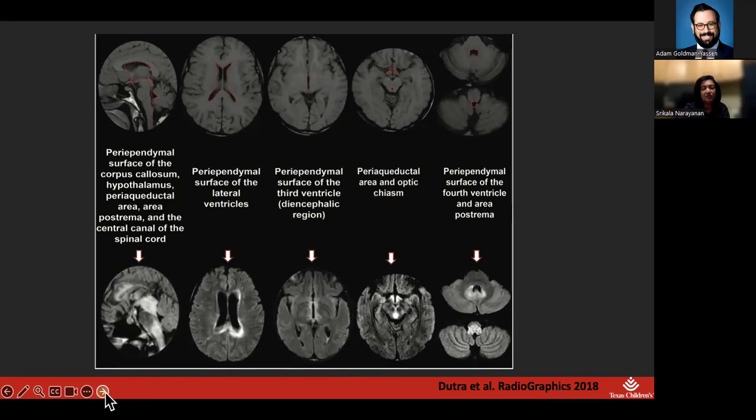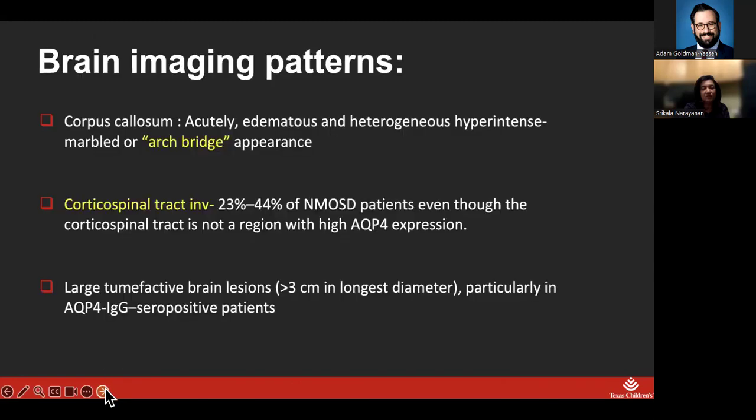But sometimes you may see other imaging patterns too, which have been reported in the literature very nicely. The corpus callosal involvement acutely can be pretty edematous with a sort of marbled or heterogeneous hyperintense T2 signal. The term used here is an arch bridge appearance.